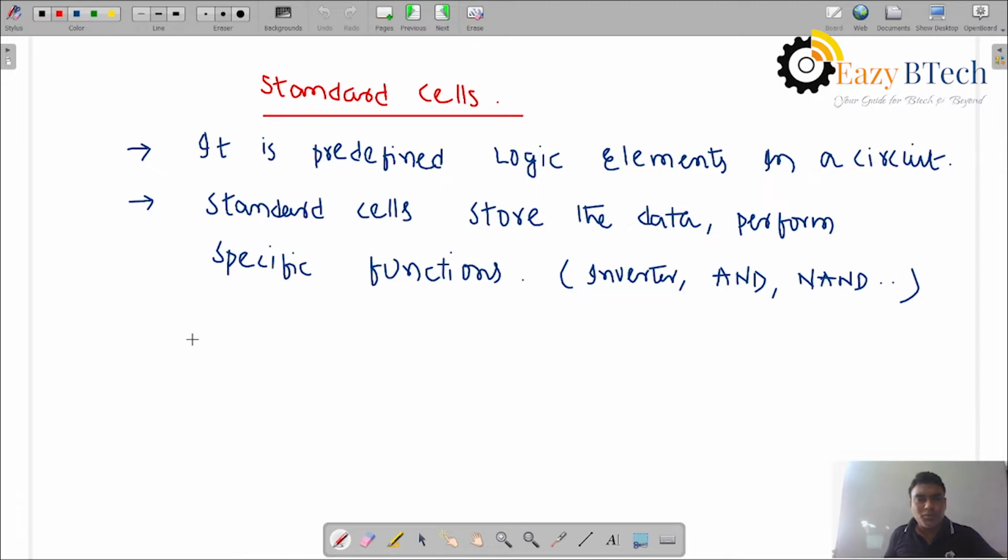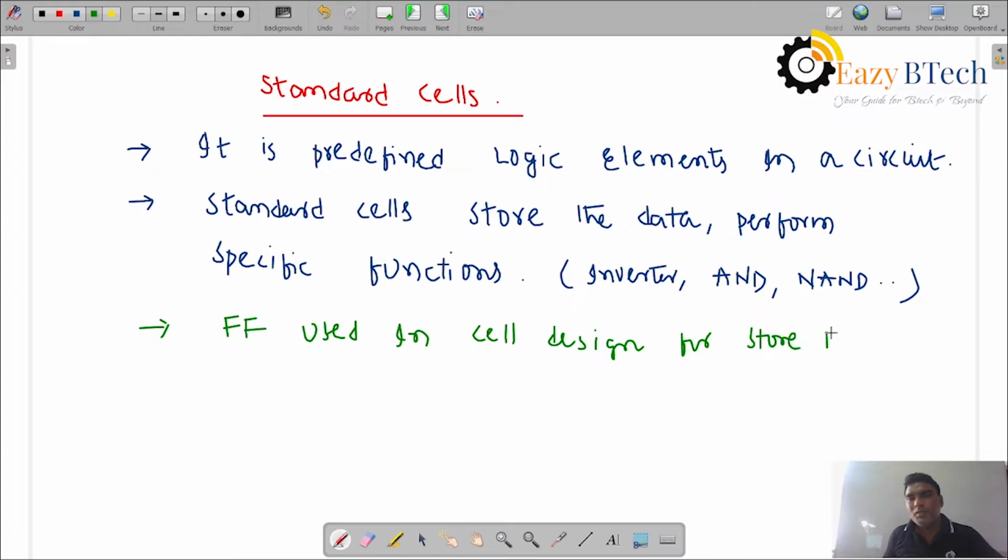Flip flops are used in cell based design to store the data temporarily.